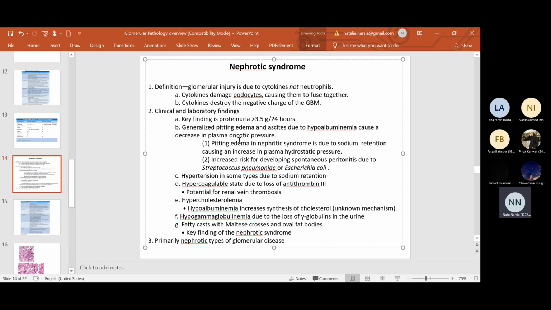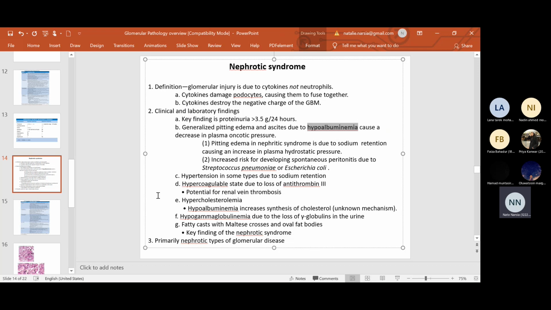Generalized pitting edema and ascites due to hypoalbuminemia. Hypoalbuminemia is the keyword here, because albumin actually regulates oncotic pressure, okay? And as this plasma oncotic pressure decreases, a lot of fluid goes to the tissue, okay?